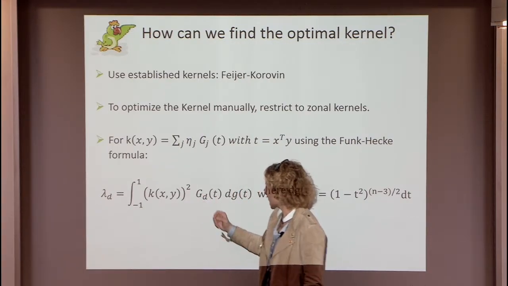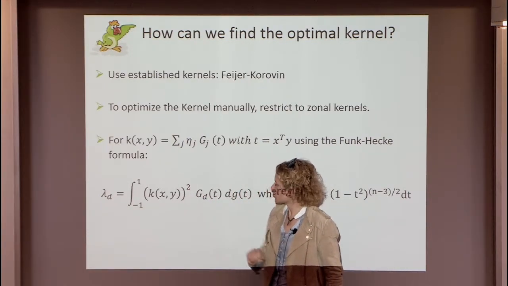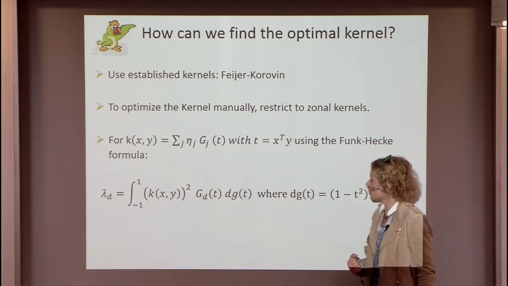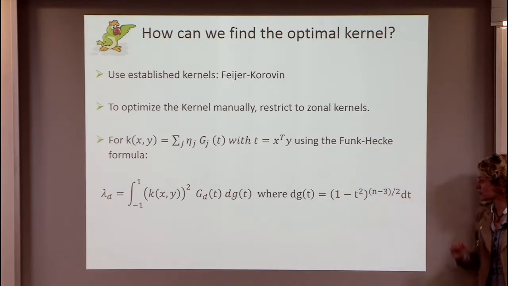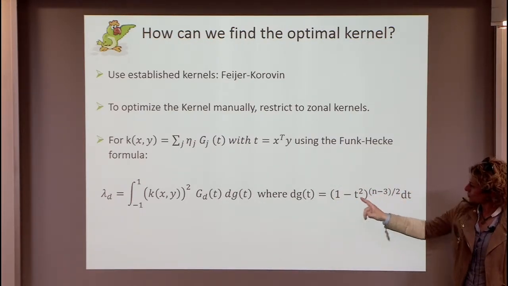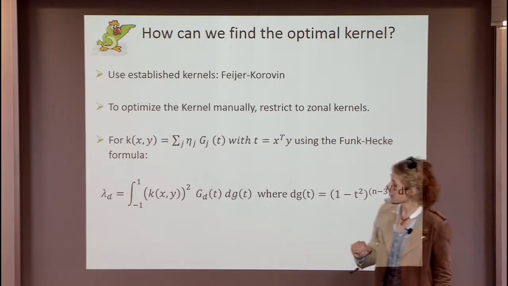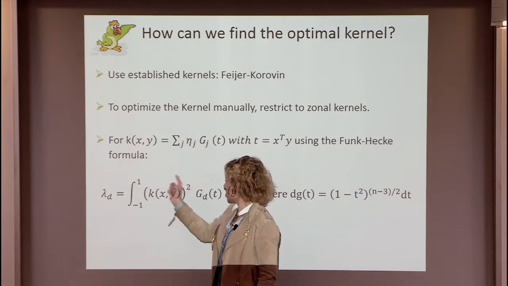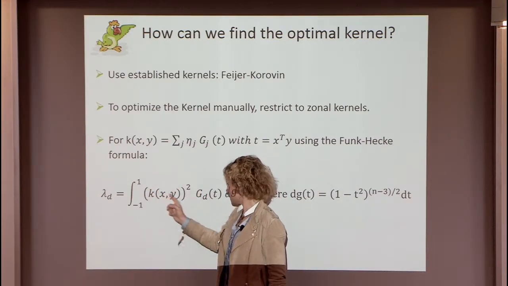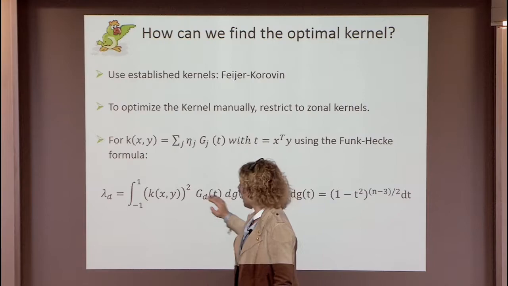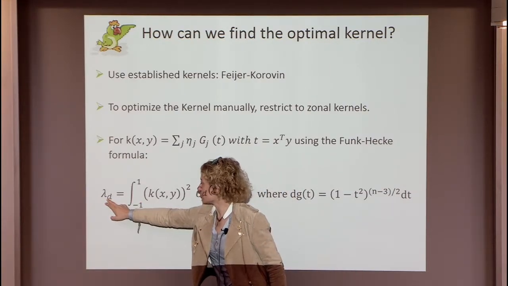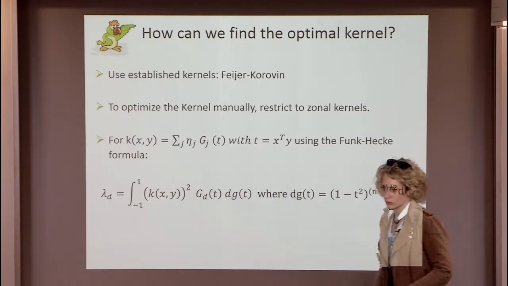Here we know that we can write it out in terms of Gegenbauer polynomials. These Gegenbauer polynomials are orthogonal with respect to the following measure, where n is the dimension of the sphere. Because they're orthogonal, I can recover this eigenvalue lambda by solving the following integral.